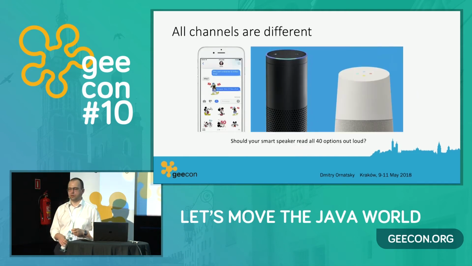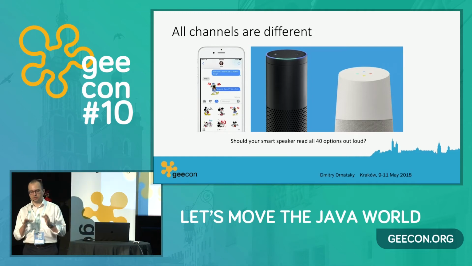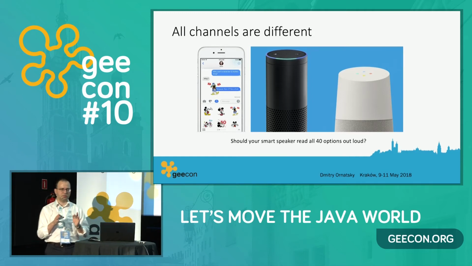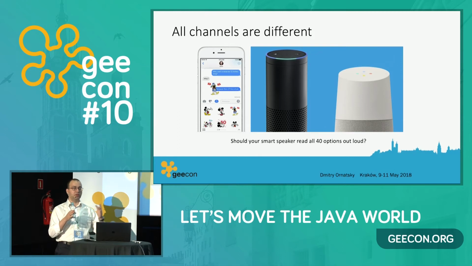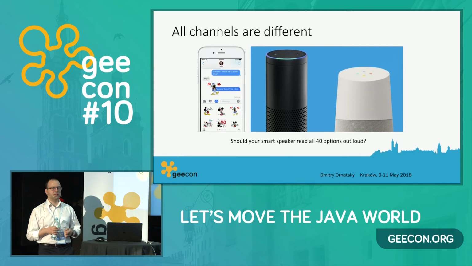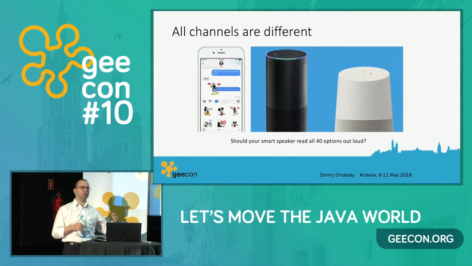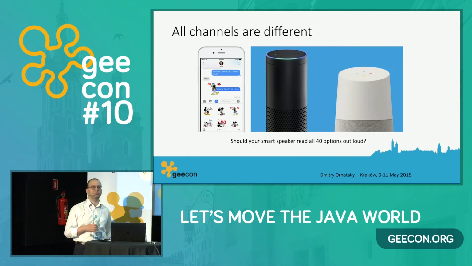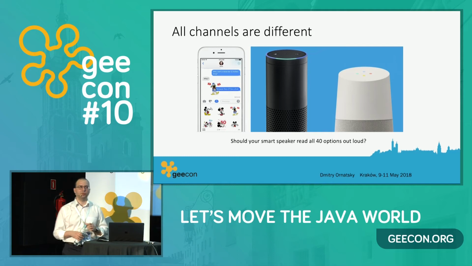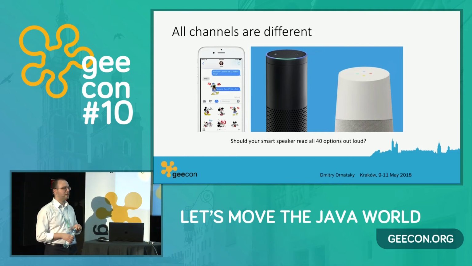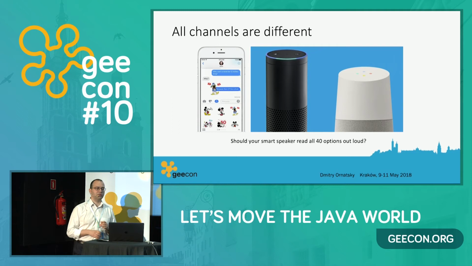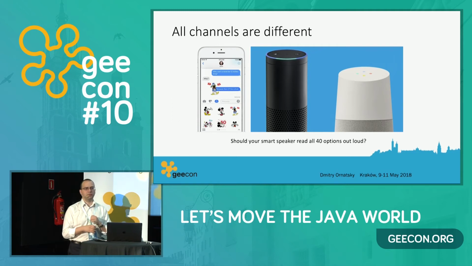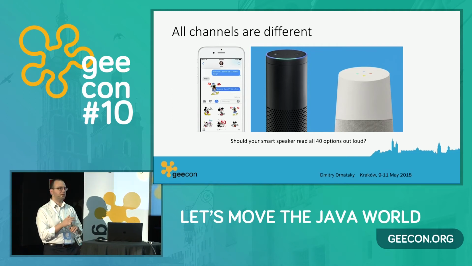So for example, if you're on a mobile phone, you want your grid to be narrow, you probably want the descriptions to be shorter, and probably fewer fields on the UI. If you're on Alexa and you found 40 varieties of blue jeans, you don't want to be read all 40 descriptions out loud. Maybe you want to filter out swear words if they happen to be in this catalog. Maybe there are more peculiarities you want to adapt to. So the technology that underlies all that has to be capable of adapting to a particular channel.